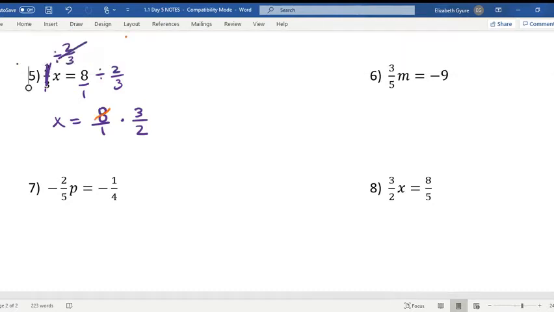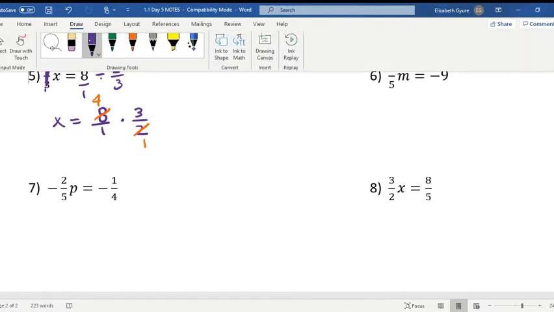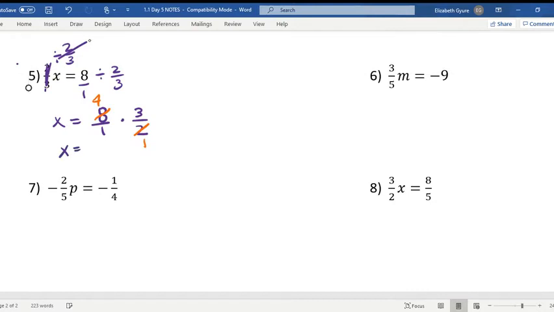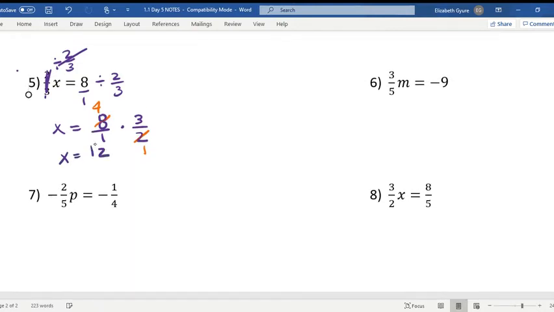So if I divide 8 by 2, it turns into a 4. If I divide 2 by 2, it turns into a 1. Right? And then just go ahead and now multiply. 4 times 3 is 12. 1 times 1 is 1. Now I have 12 over 1.